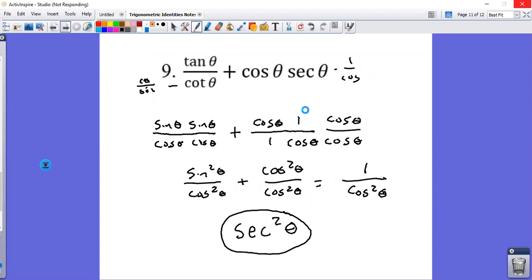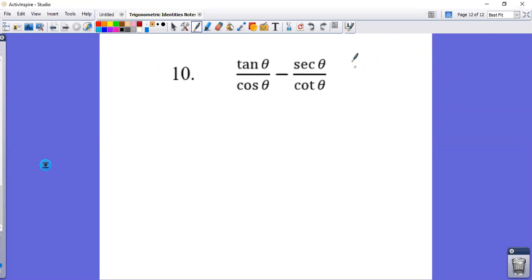One more example. I believe there's only 10. So we're subtracting. So again, write it as a fraction. Tangent is sine over cosine. Cosine in the denominator would just stay cosine in the denominator.